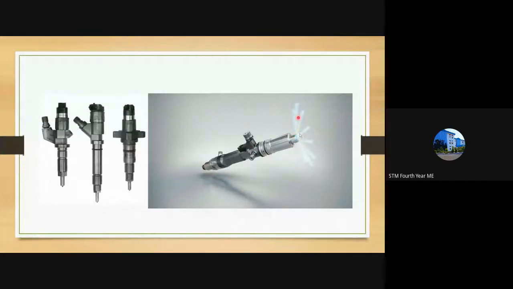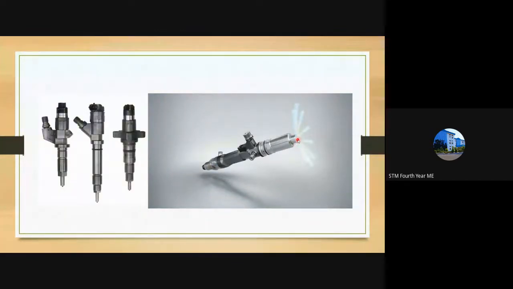Suppose in this type of injector, at its port there will be many holes. As many holes as are present, so many jets of fuel will emit from the fuel injector tip. This is the tip, and at the tip there are many holes.